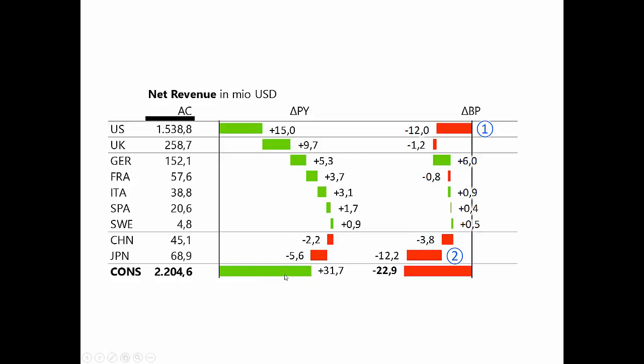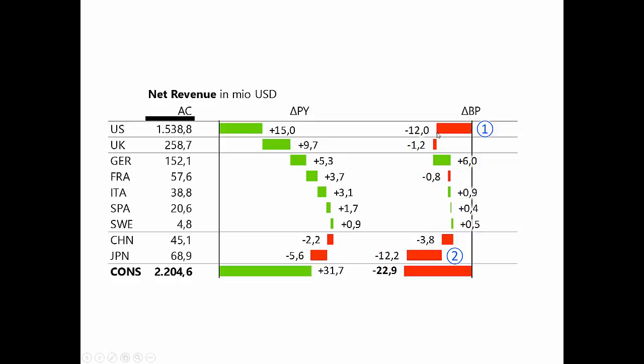So this is good growth from previous year. However, when we move to the right side here, this is now the variance to my plan, the business plan. So we see that although, for example, this market had very good growth from previous year, it was still below the budget. Okay, obviously the budget was ambitious here, but that's how it is.